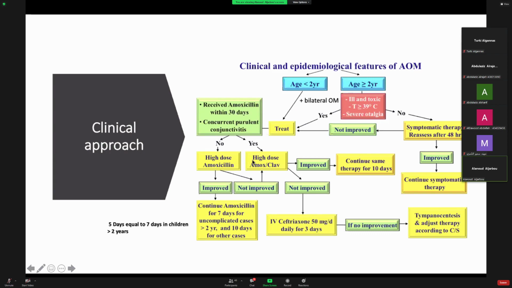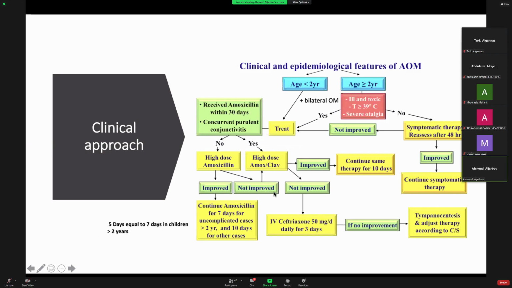At that time, we will give amoxicillin-clavulanic acid. If not, we just give high-dose amoxicillin. If the patient improves, we continue the therapy. As we mentioned, if less than 2 years, we give 7 to 10 days. If more than that, we can give 5 days.